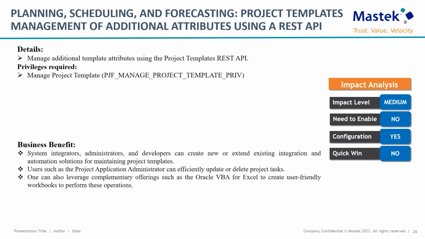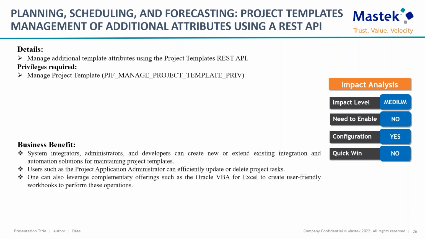Earlier, if any task level attributes needed to be changed, deleted, or added, the user needed to open each task of each template and perform the action on additional attributes, which is more time consuming from UI when there are a huge number of templates and tasks.